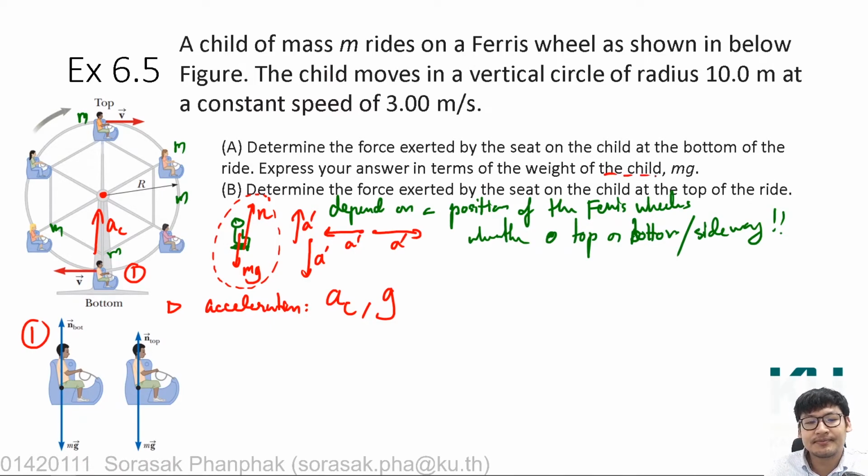So only this guy at the bottom, as in diagram 1, this is the free body diagram. When you look at only this boy on the right, you see the mg of this boy pointing downward, while the normal force that the seat acts on this boy is pointing upward, and also with the acceleration.